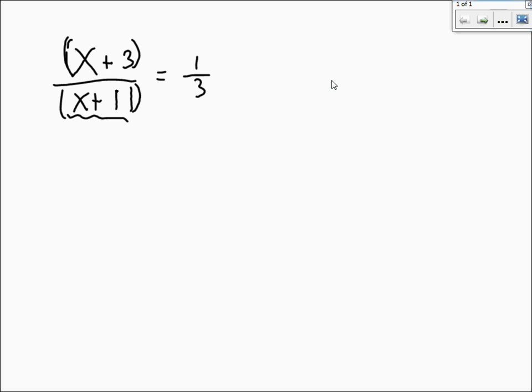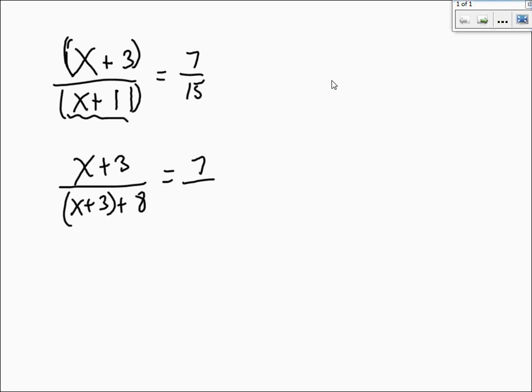Now, let's just suppose for a moment that we had 7 over 15. Now let's look at this very carefully. We have x plus 3 over x plus 3 plus 8. And if you notice, the bottom is 8 more than the top.